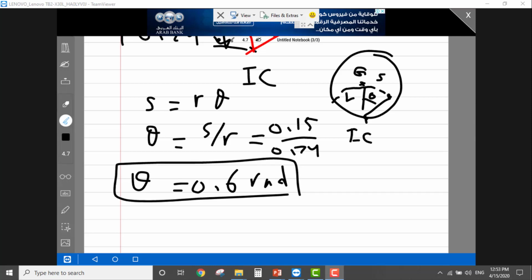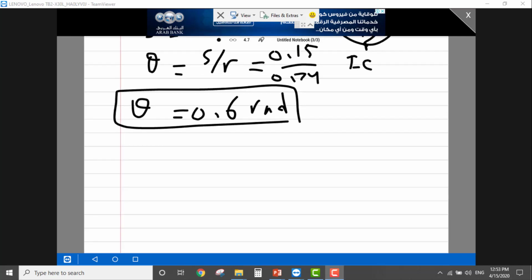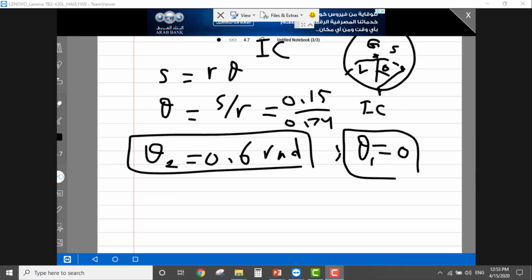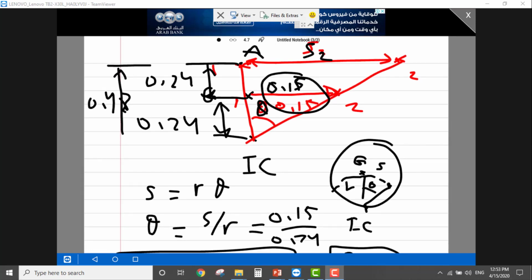Now, in order to find the stretching in the spring, I name this theta 2 because theta 1 is equal to 0, and we benefit from this in calculating work due to moment equal to 0, and theta 2 equals 0.6 rad. Now, where is the stretching? Which is the second arc, this one.